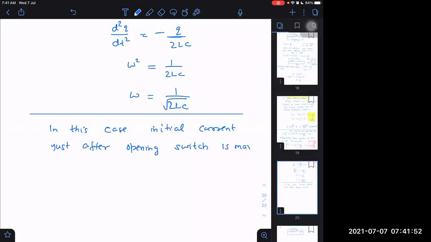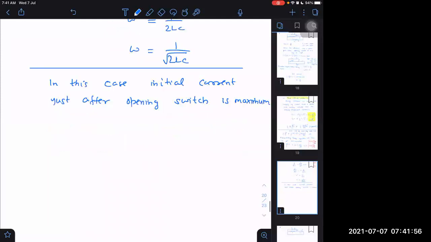How do I know it is maximum, by the way? Because the current goes on decreasing. Because of this reason, the capacitor is charging, and energy is decreasing. Capacitor charging, energy is decreasing. You got it right. Very good.